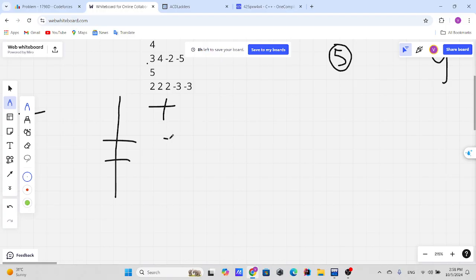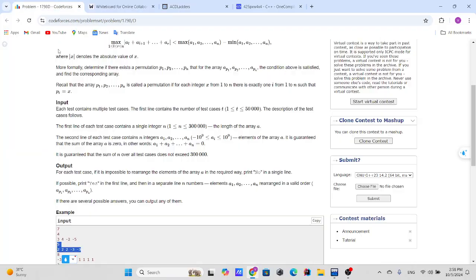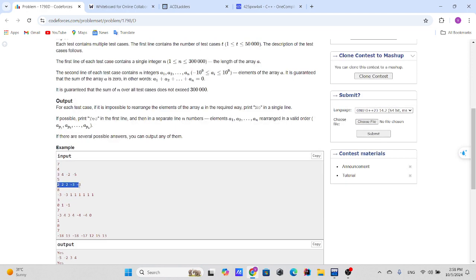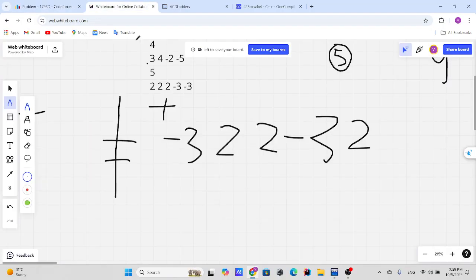Okay, -3, yeah. Another -3 isn't going to work, so 2 here. Another 2 here. -3 here and another 2 here. That seems pretty correct. But is it? Yeah, that's kind of correct.